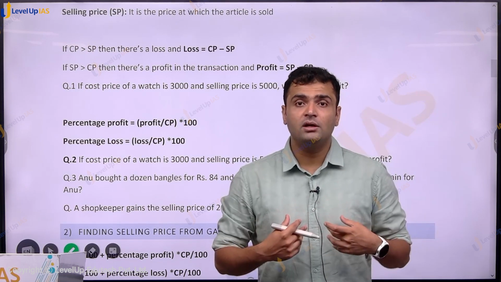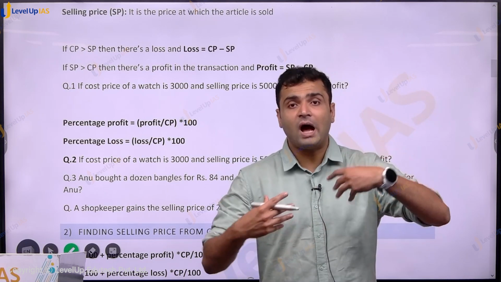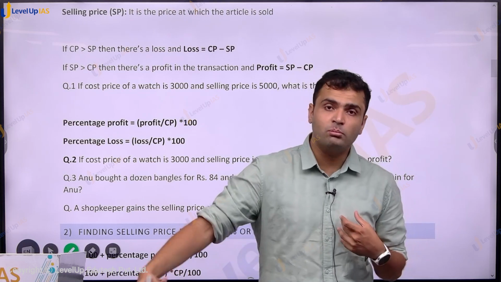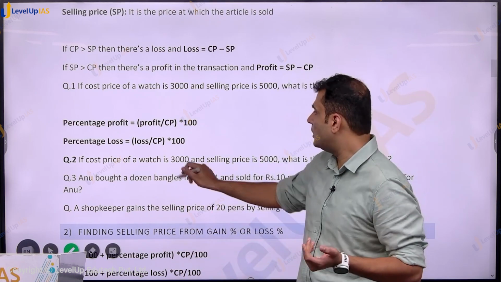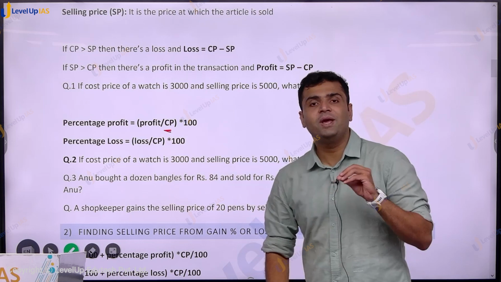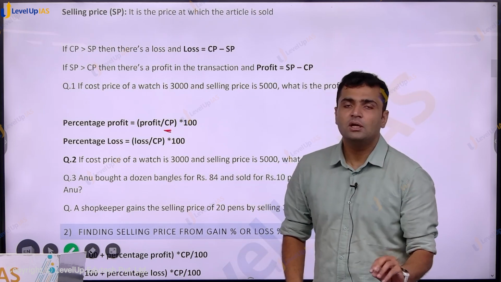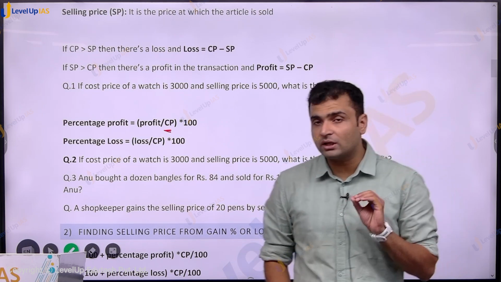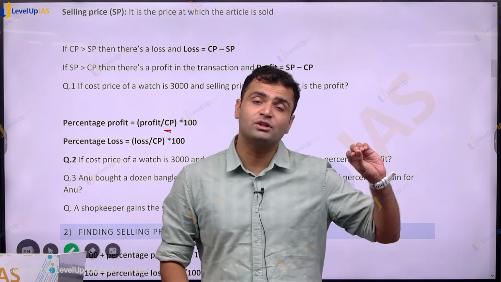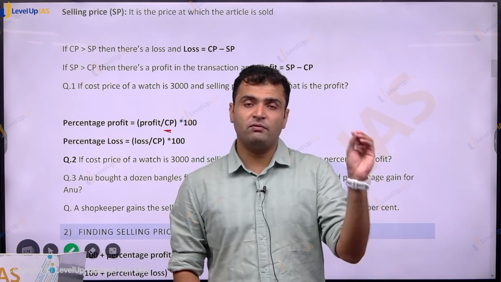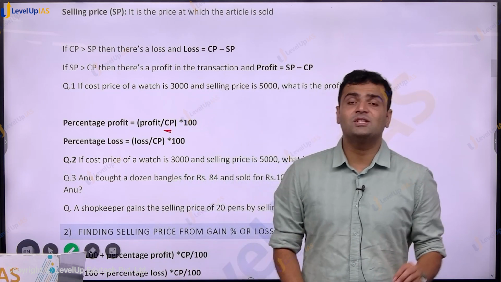I will look at how much profit I received depending on my cost price. So in the denominator, the base will always be cost price. It will never be selling price. Profit is not calculated on the base of selling price. Percentage profit is always calculated on the base of cost price.